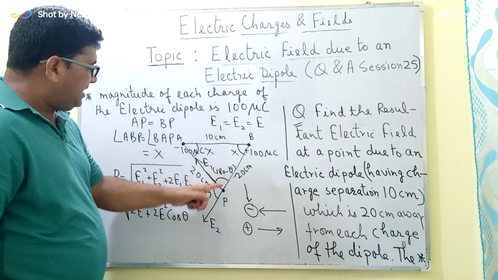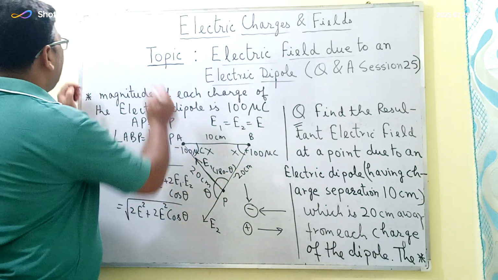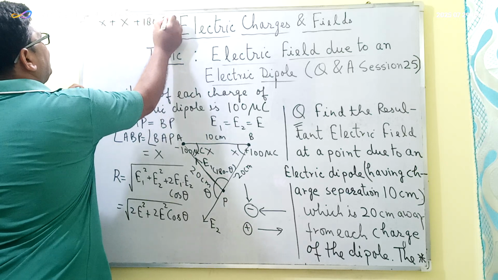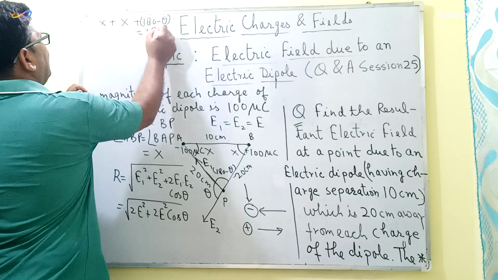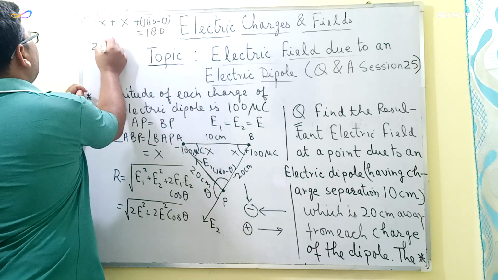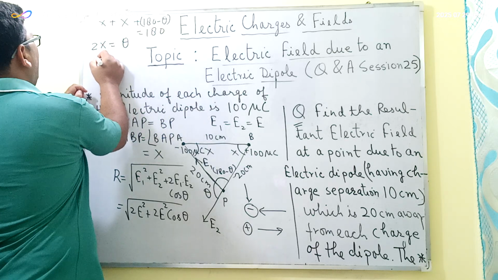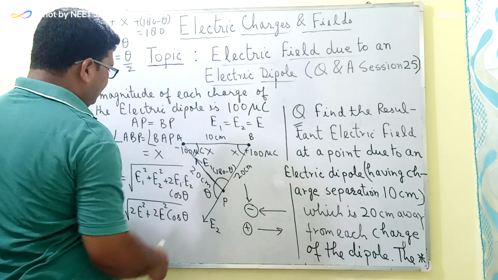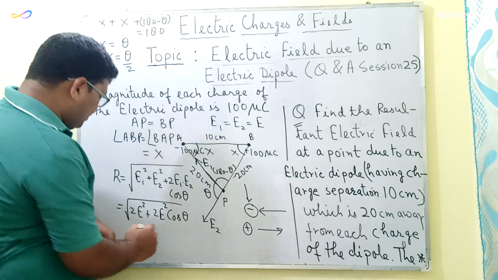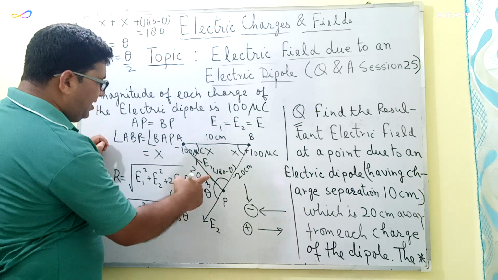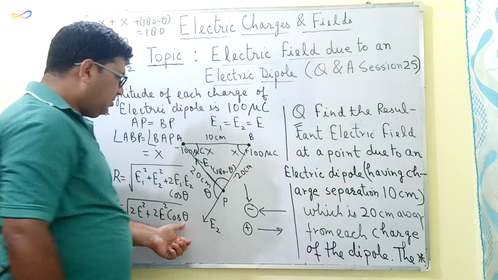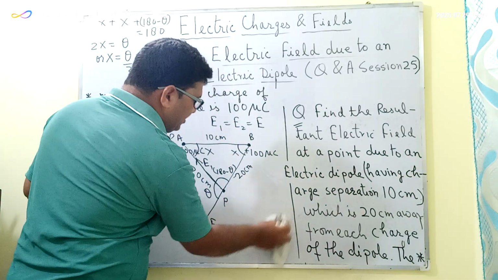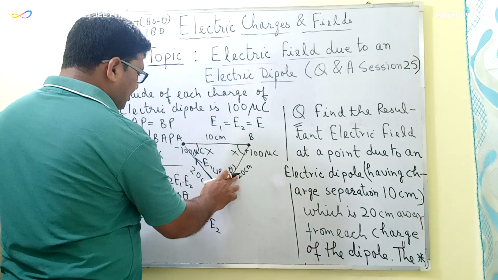So x plus 180 minus theta will be equal to 180. From here I am getting 2x is equal to theta, or x will be equal to theta by 2. So this angle x is equal to theta by 2. But we have to find the value of cos theta. So here some basic mathematics will be utilized in order to solve this question.